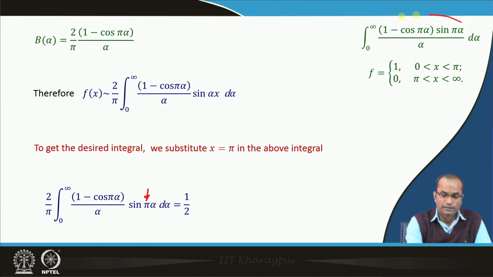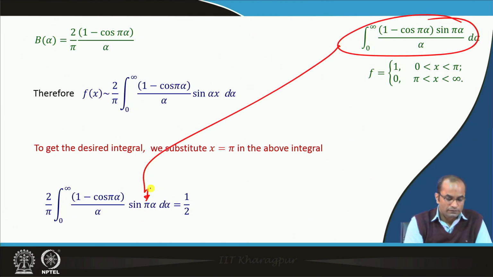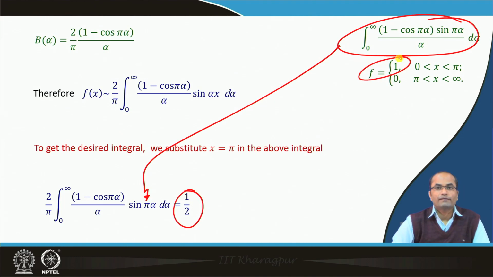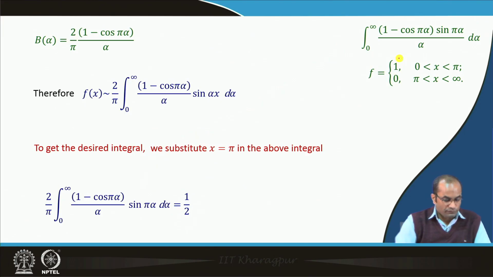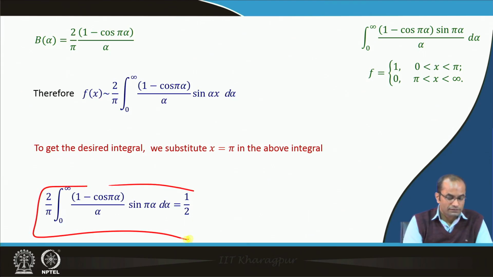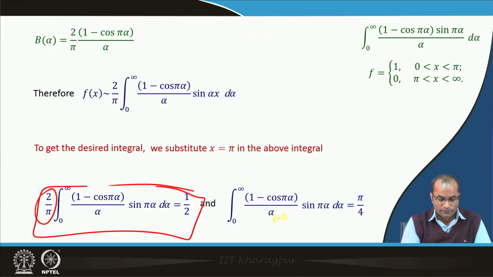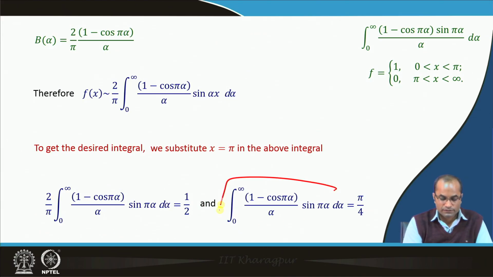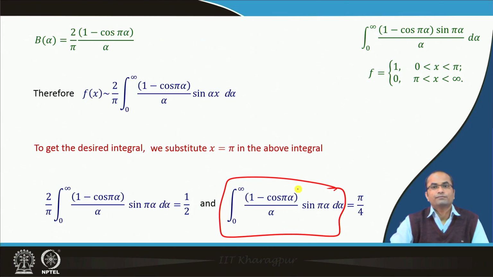We have the desired integral coming, and its value is equal to half, because that is exactly the average value of this function at x equal to pi. So, the value of this integral is 1 by 2 or pi by 2. This can go to the other side. The value of this integral here is pi by 4.